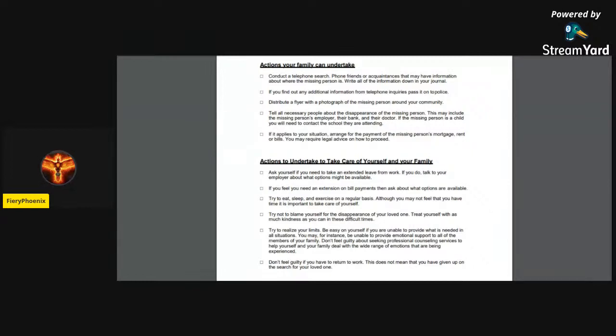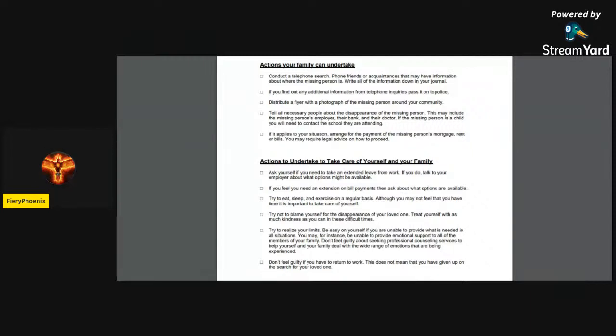Now, this is how you can take care of yourself and your family during this time. I love this list. Ask yourself if you need to take an extended leave from work. If you do, talk to your boss about what options might be available. He may say, "Sure."